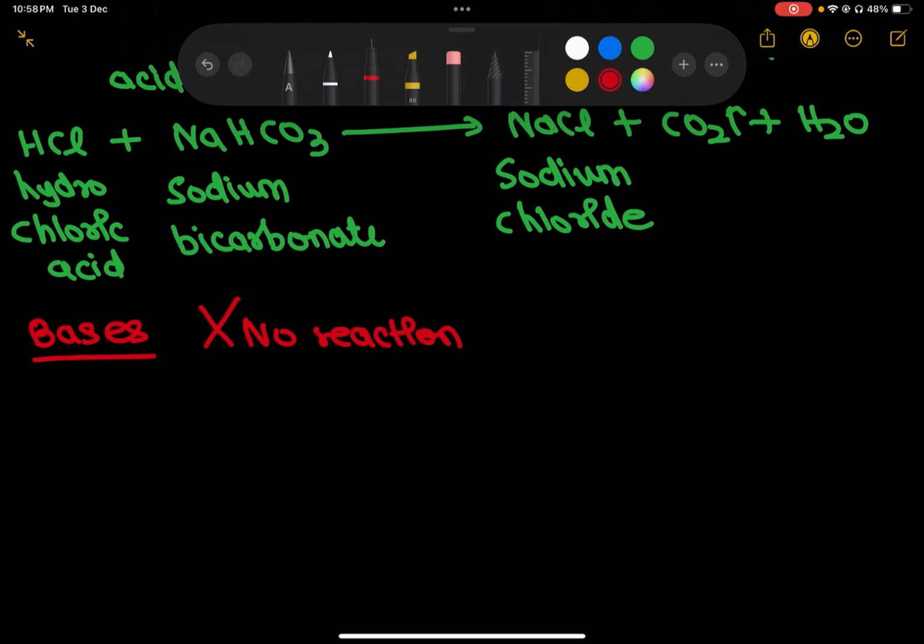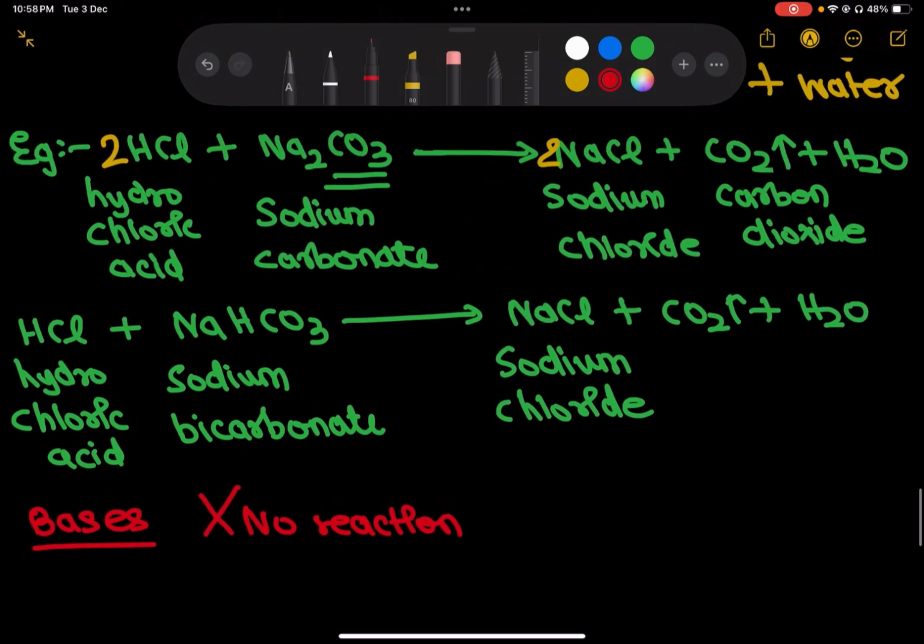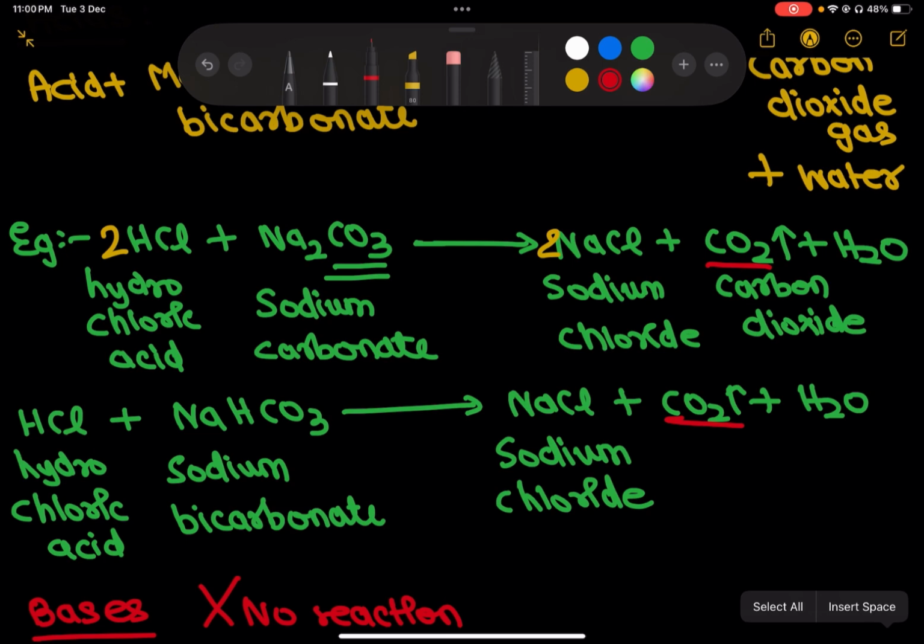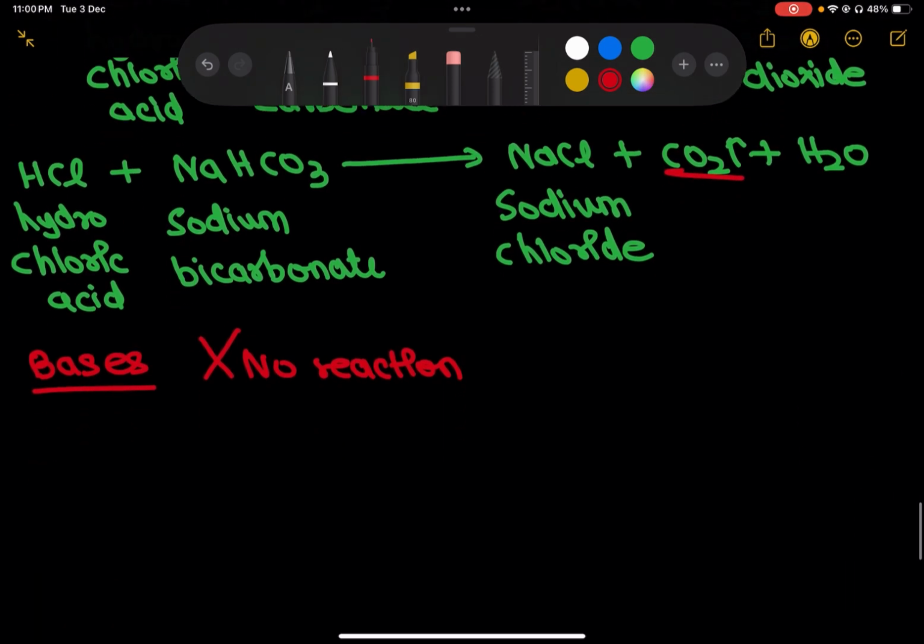Again, the question arises here: how will we identify that CO2 has evolved? It is an odorless and colorless gas. So again, there is a test for CO2.